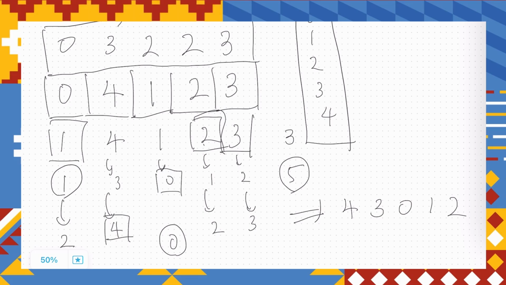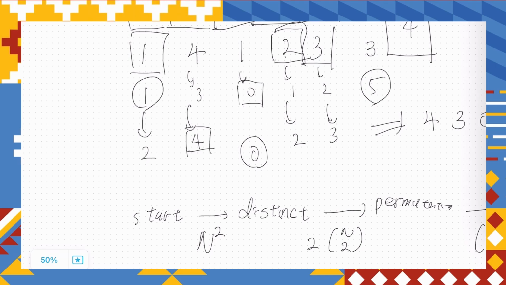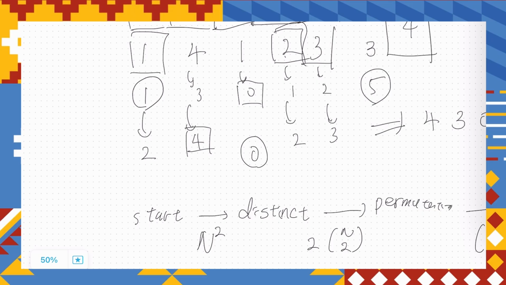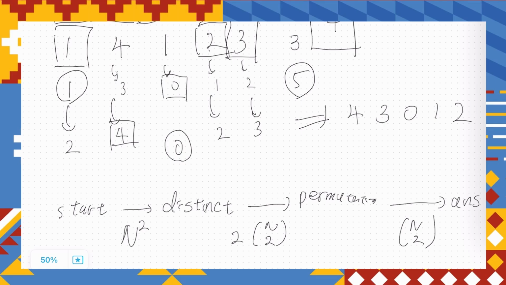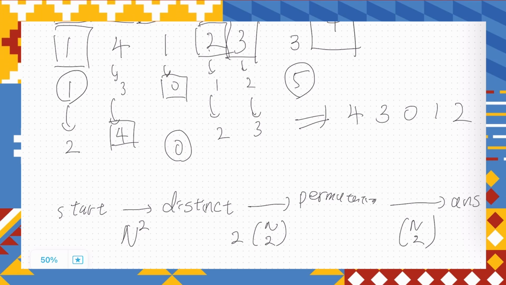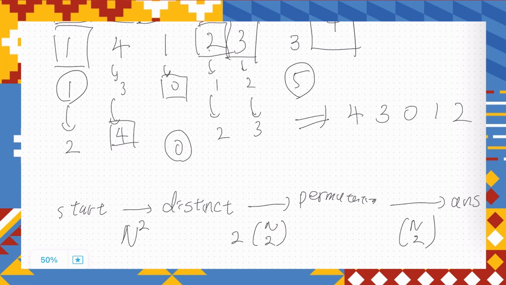Okay, let's estimate the number of operations we need. From the start, to make the symbols distinct, we need at most n squared operations. When the symbols are distinct, to know the permutation, we need n choose 2 times 2 operations.